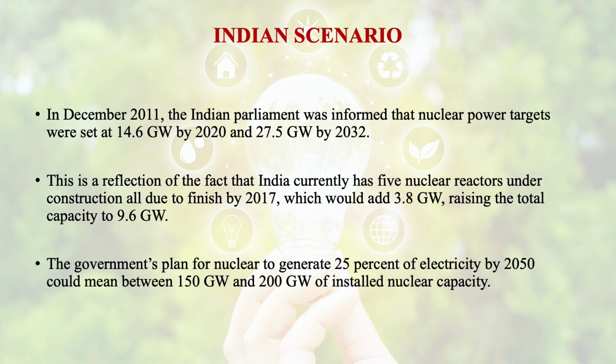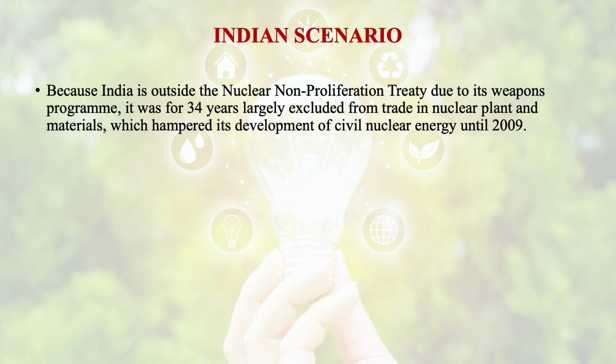installed nuclear capacity. Because India is outside the Nuclear Non-Proliferation Treaty due to its weapon program, it was for 34 years largely excluded from trade in nuclear plant and materials, which hampered its development of civil nuclear energy until 2009.